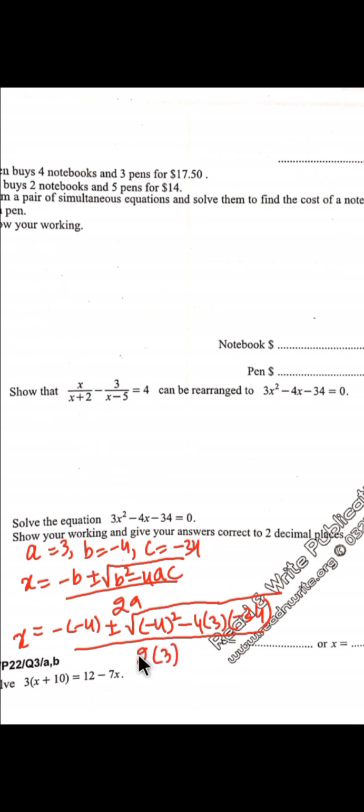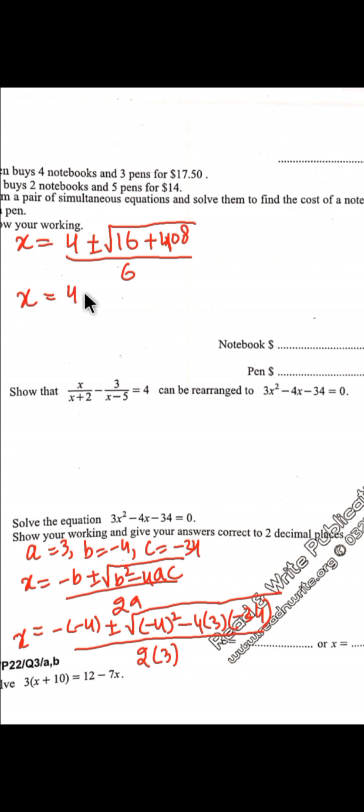Now we simplify this, so we get x is equal to minus minus plus, so this is 4, and plus minus square root of 16, and then minus and minus will be plus, 4 threes are 12, and then 12 into 34, 408, and then divided by 2 threes are 6.